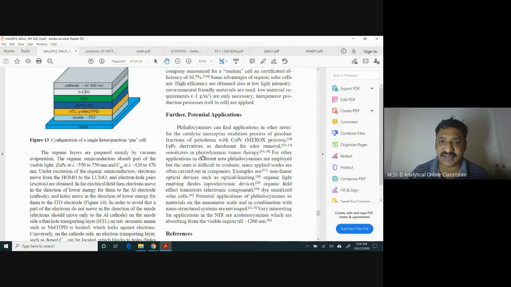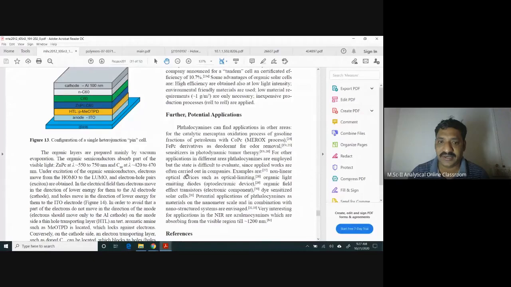Then a sensitizer in photodynamic tumor therapy. So phthalocyanine pigment has potential application in cancer therapy, that is, photodynamic tumor therapy. For other applications in different areas phthalocyanins are employed, but the state is difficult to evaluate since applied work is often carried out in companies.